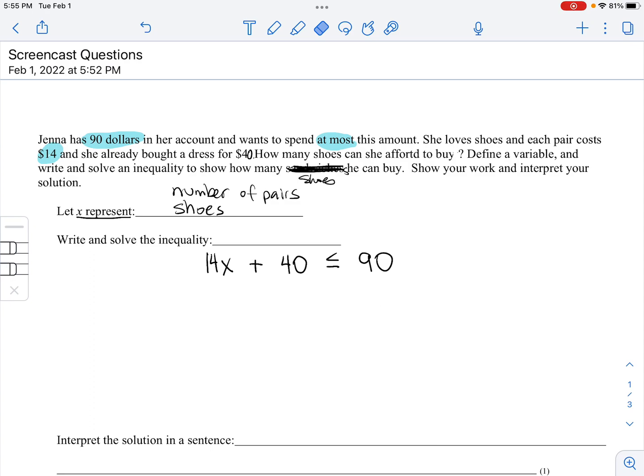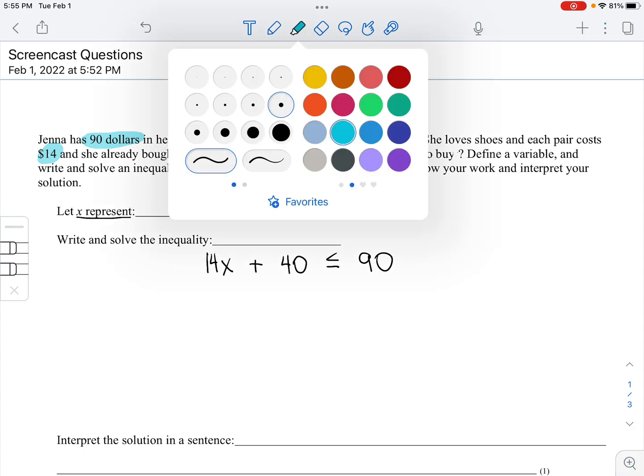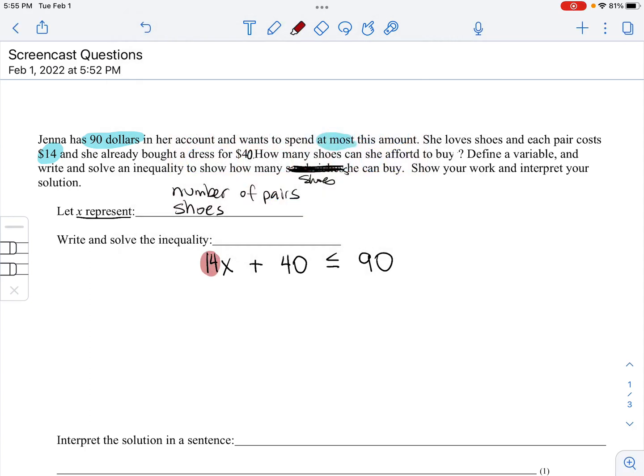And so now I'm just going to solve it. All right, so what's X with? How are they connected? And how do we undo it? So I'm going to color code this. We always undo addition and subtraction first before we rip off that 14. The furthest thing away from X, the 14 and the X are super attached, so this seems like an easier manipulation.